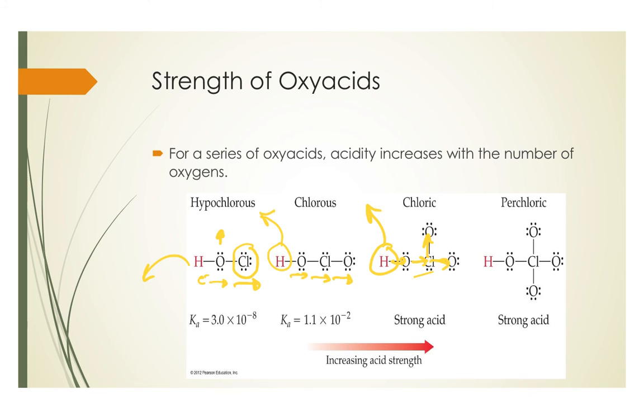And of course, if we add the fourth oxygen in perchloric acid, we've got 3 oxygens here that are all pulling electrons away from that chlorine, which makes the chlorine pull even harder, oxygen pull even harder, and so you end up with a hydrogen that's extremely easy to leave. So as we add more oxygens to our oxyacids, it gets stronger and stronger acid because the pull of electrons away from the hydrogen gets stronger and stronger.